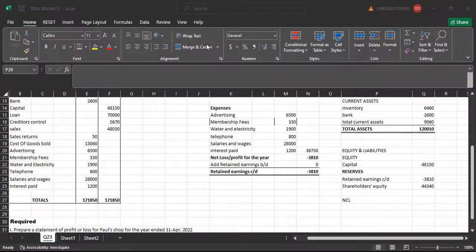The non-current liability that you are able to see, even though it is not clear, but you can take it as non-current liability. Somebody to help us identify that.